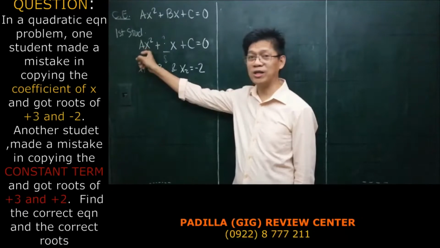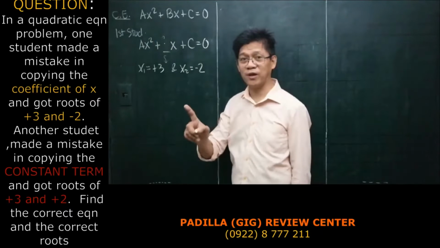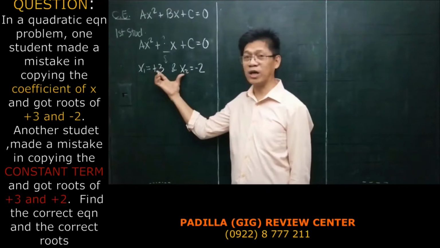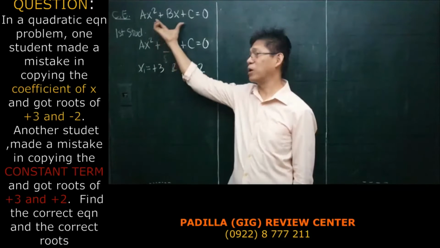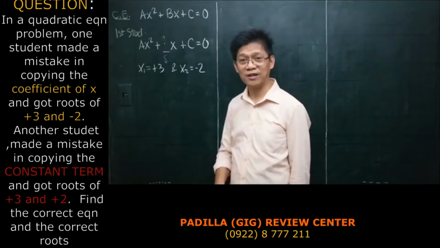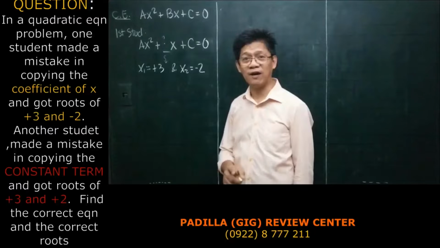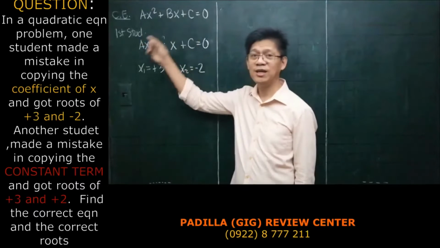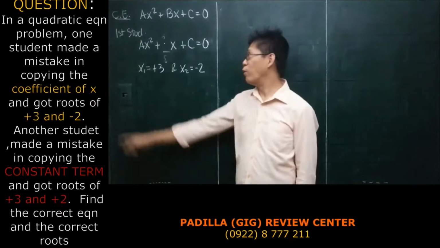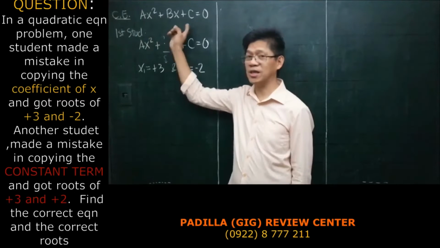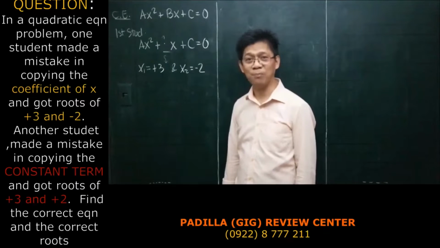But since the wrong equation and the correct equation are different, the roots of the wrong equation and the roots of the correct equation are different. We're not after the roots of the wrong equation. We are after the roots of the correct equation. Once we know the values of A, B, and C, the roots are simple.